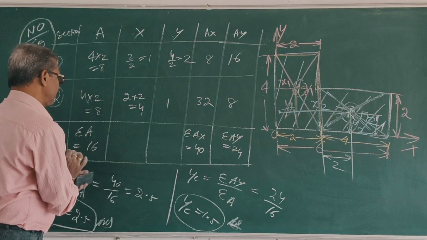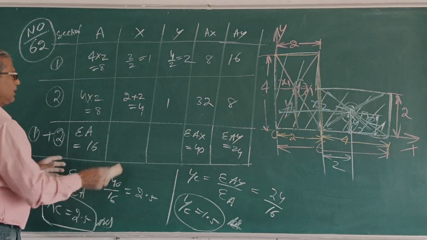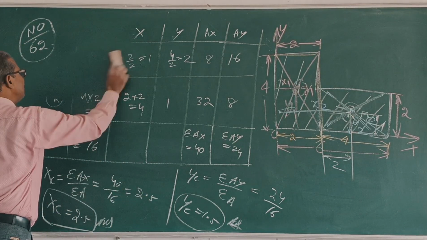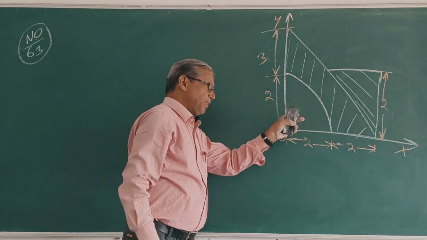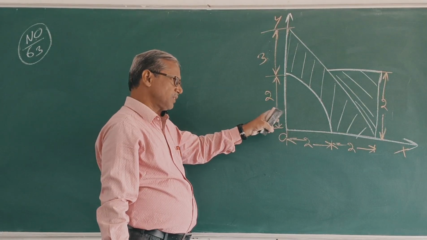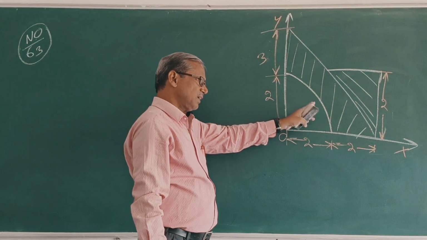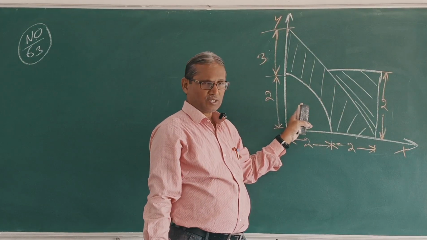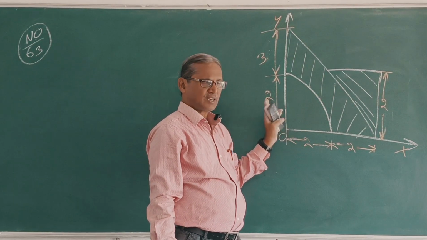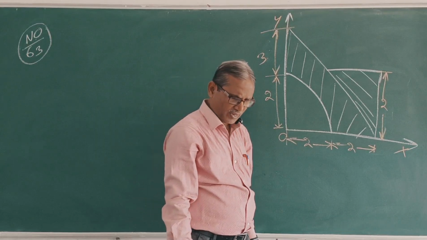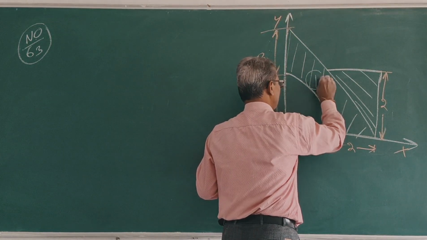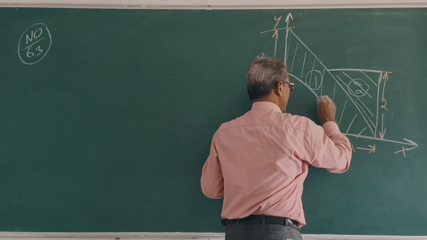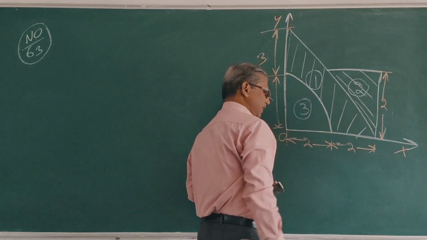Next question. 63. Very important dimension. Triangle, triangle, the quarter portion is quarter circle. So take this is 1 plus 2 minus 3. Clear?